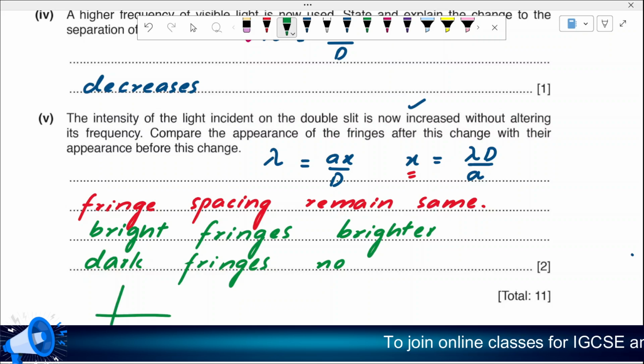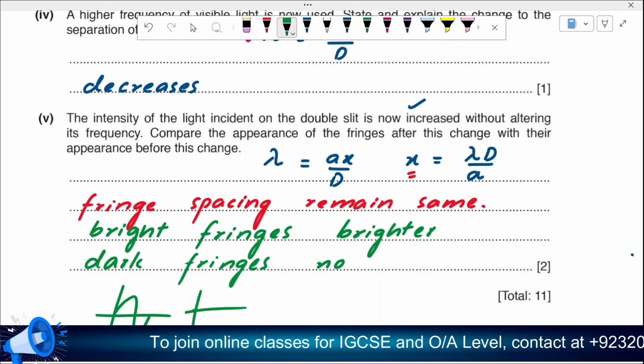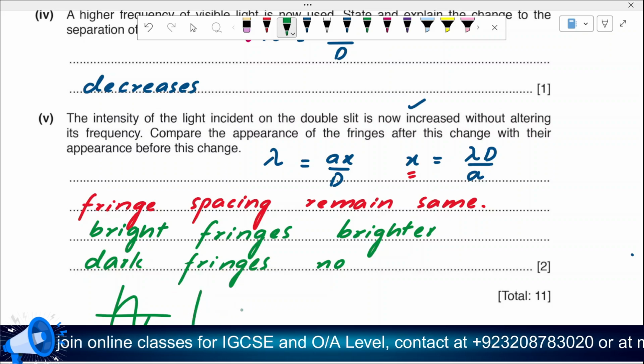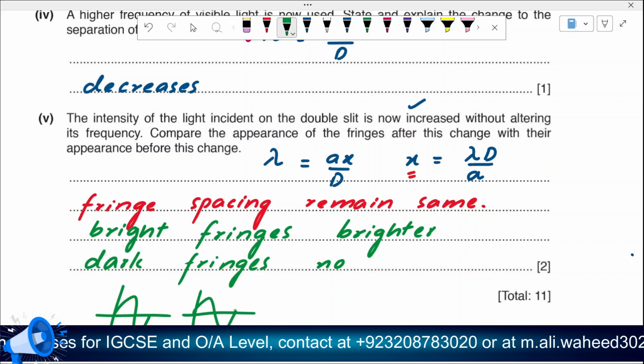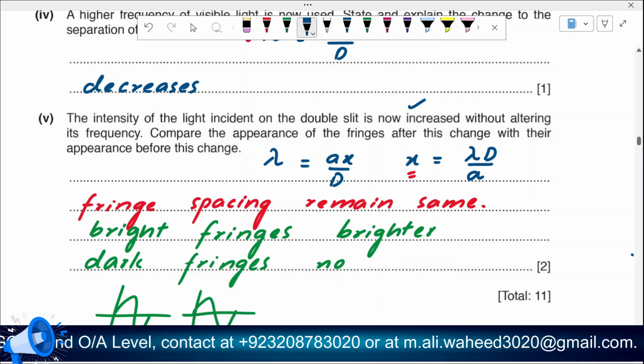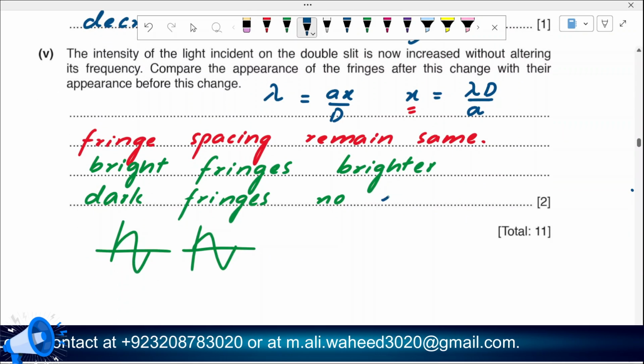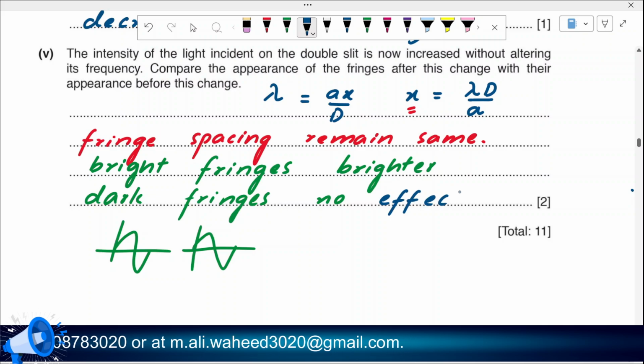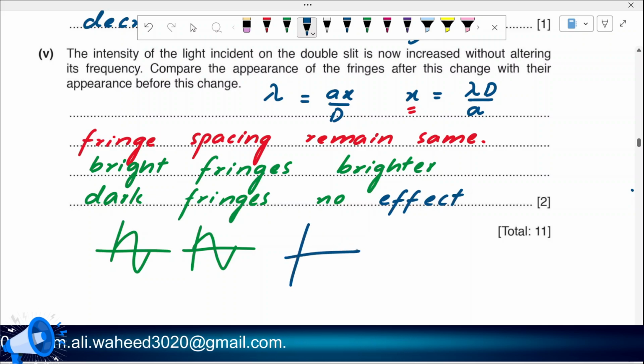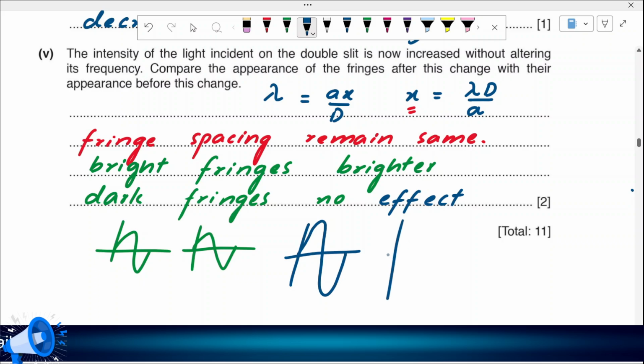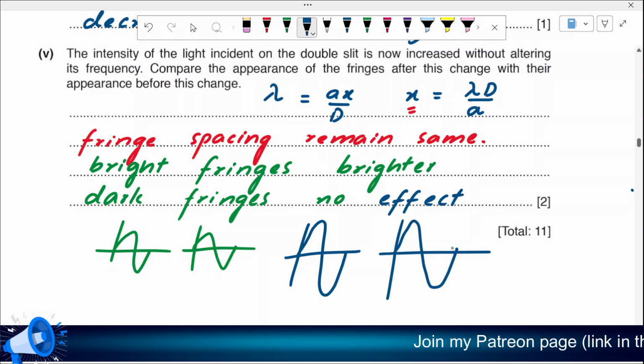So for example, you have increased the amplitude. Initially, let's say these two were being combined, and now the two waves, after they pass through the two slits, look something like this.